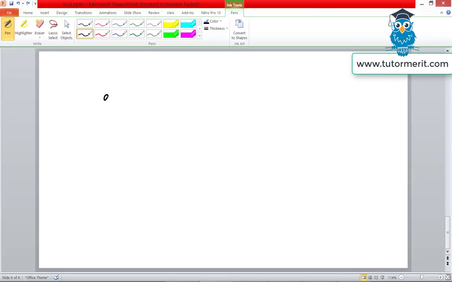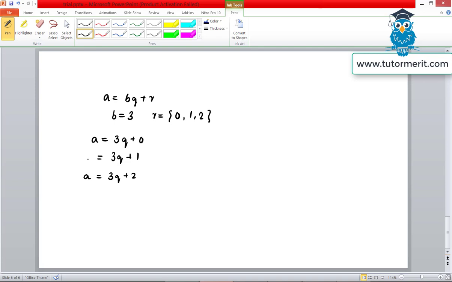So let me take a is equal to bq plus r and assume b is equal to 3 here. So r will obviously be 0, 1, 2. So a is equal to 3q plus 0, 3q plus 1 and 3q plus 2. These are the only forms of a that I can have.